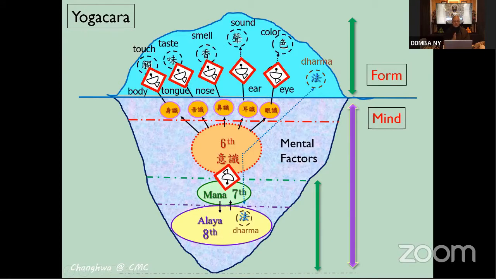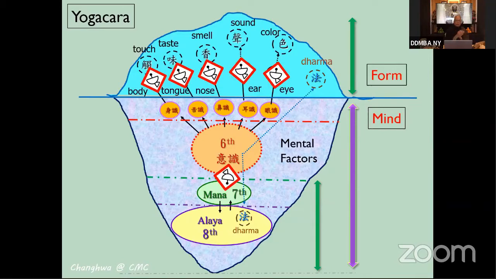Also, on a separate note, we know from the previous talk that the detector for the 6th consciousness is the 7th consciousness. For the 6th consciousness to make discriminations, it needs to use the 7th consciousness as the detector to get information from the 8th consciousness.